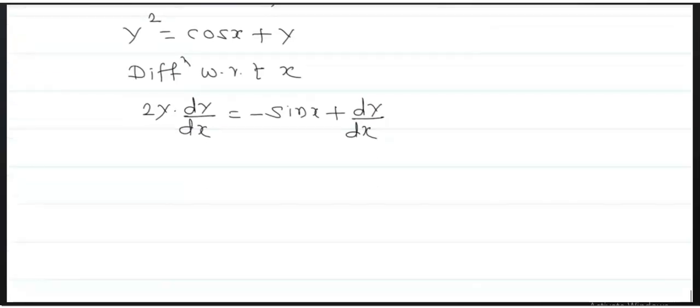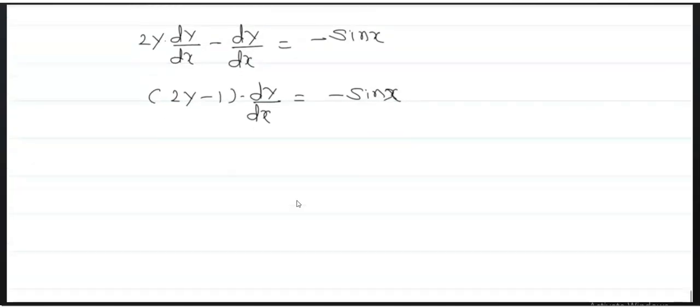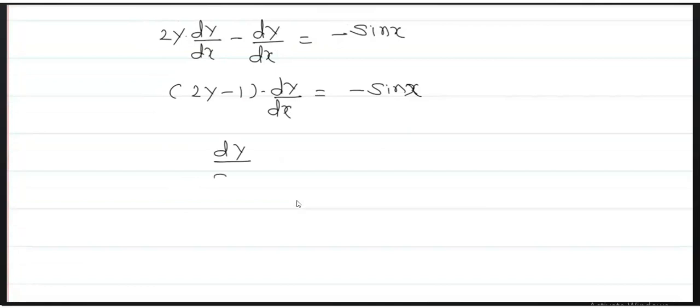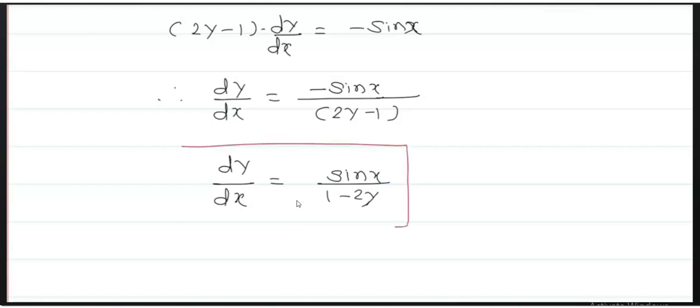Therefore 2y into dy by dx minus dy by dx is equal to minus sin x, that is 2y minus 1 into dy by dx is equal to minus sin x, and that is dy by dx is equal to minus sin x upon 2y minus 1. If you take the minus sign common, then you will get sin x upon 1 minus 2y, and hence it is proved.